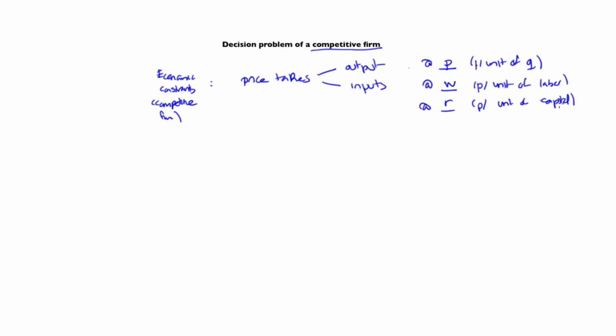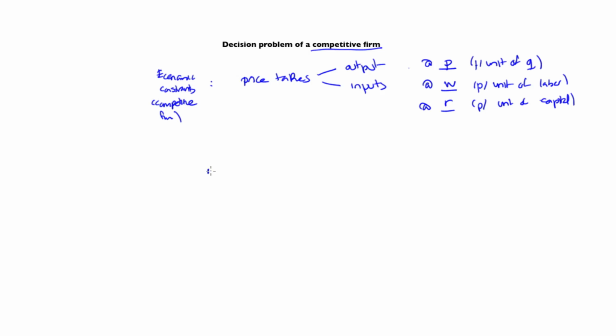As you will see, this assumption is extremely important for determining how well markets perform. And we're going to study that in detail next unit. But for now, these are the economic constraints of the firm. It is a price taker in all of the markets in which it has to interact.